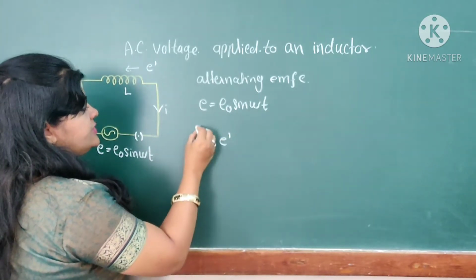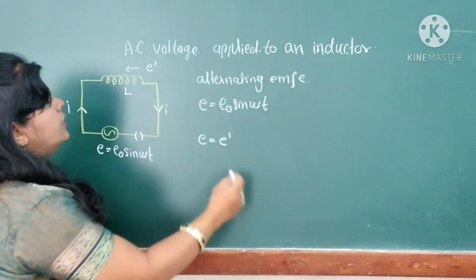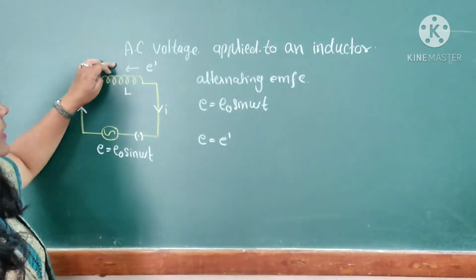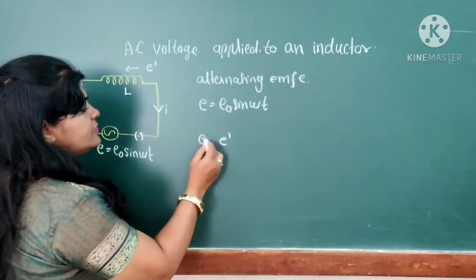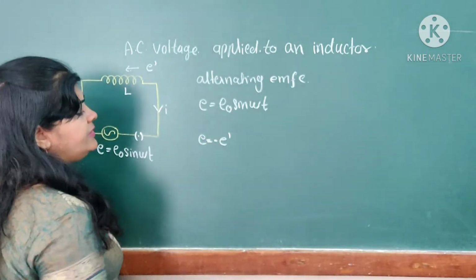This E dash represents the EMF produced by the inductor, which is opposed, that's why a minus sign will be there.